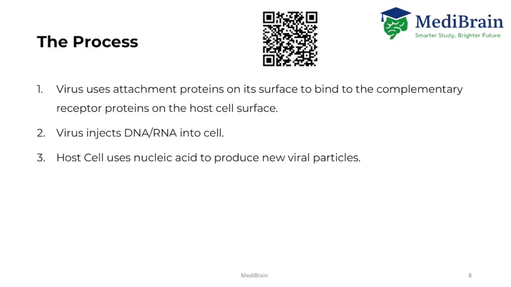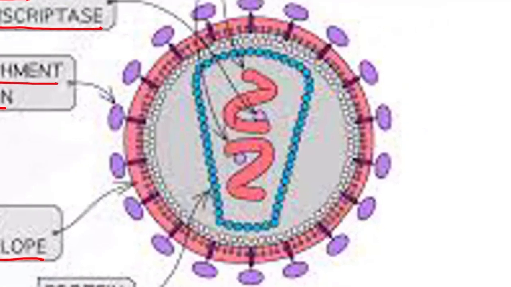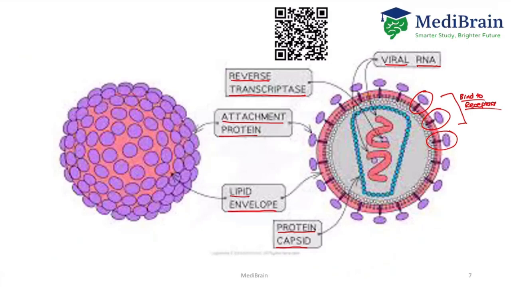So it says the virus uses attachment proteins on its surface to bind to the complementary receptor proteins on the host cell surface. So over here, remember, we've got these attachment proteins. These attachment proteins are going to bind to the receptors which are present on our normal body cell.